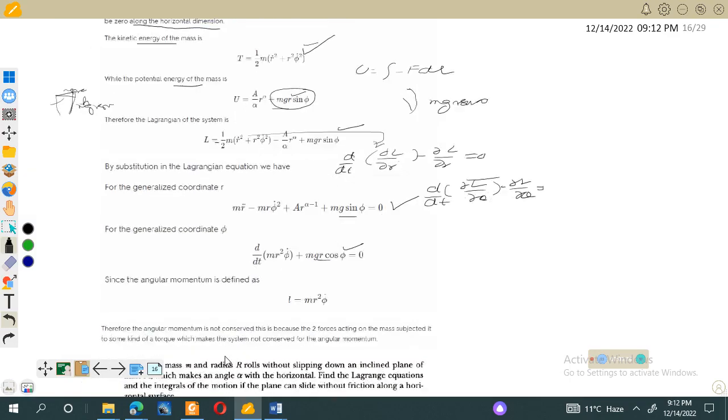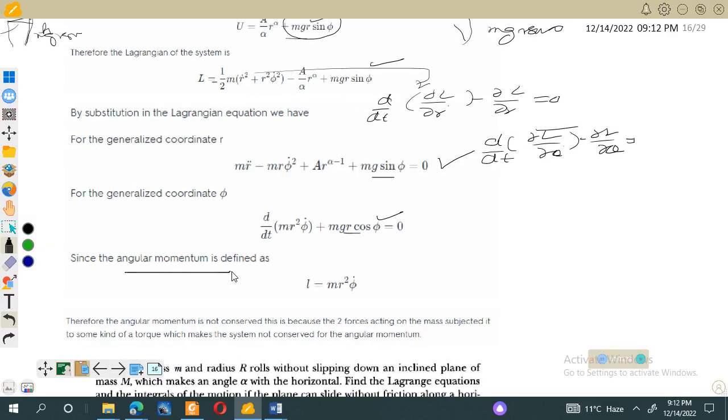Since the angular momentum is defined as L equal to m r square phi dot, the angular momentum is not conserved. This is because the two forces acting on the mass subject it to some kind of torque, which makes the system not conserved.